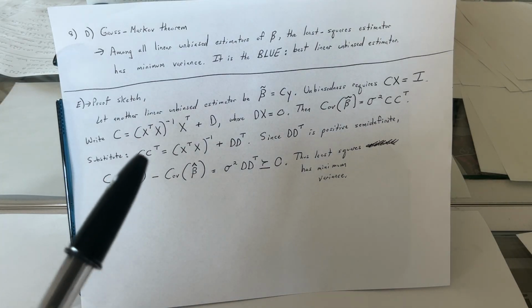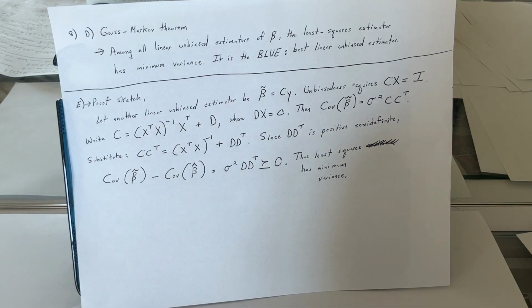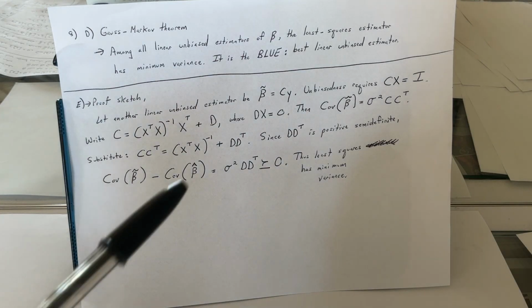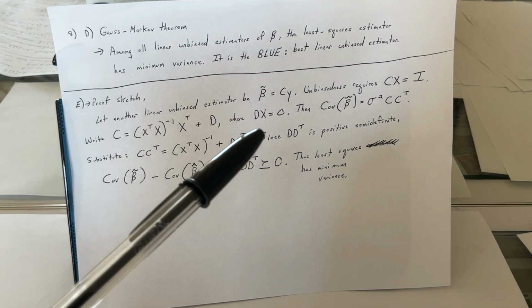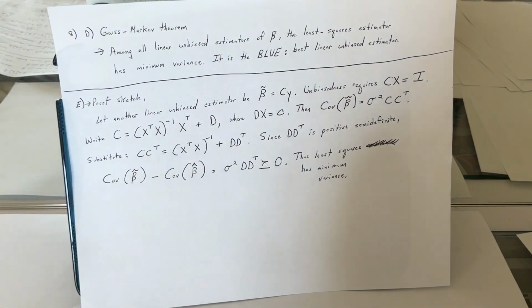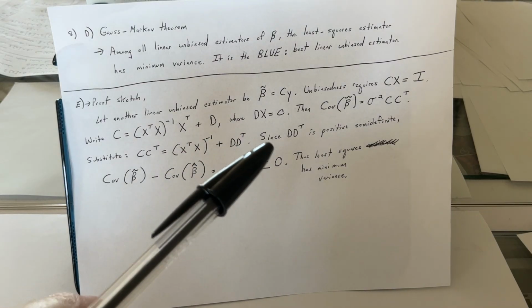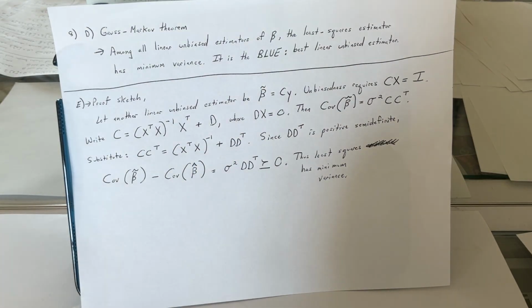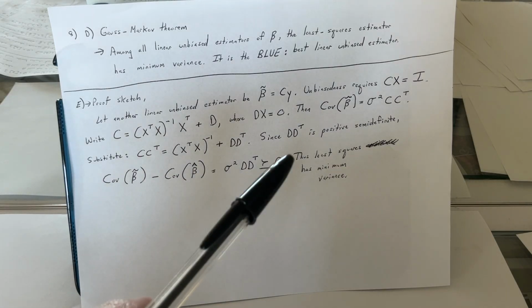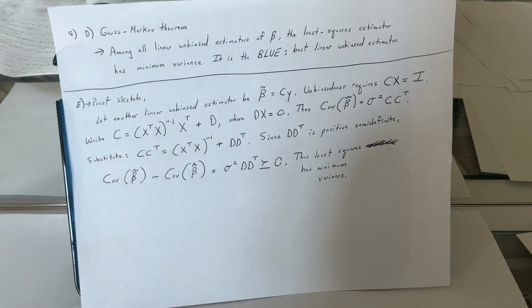We substitute, and we wind up with (X transpose X) inverse plus D D transpose, and since D D transpose is positive semi-definite, we get the following. Thus the least squares estimator has minimum variance in that situation.